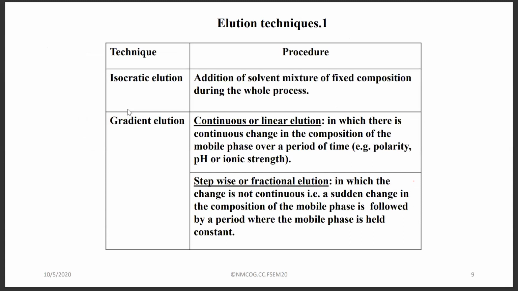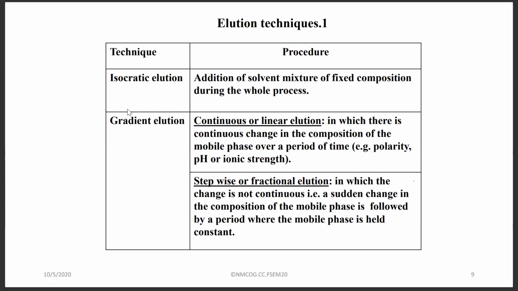So, the different methods of elution. What is elution? Elution is just the movement of the analytes until they eventually come out of the column. Either we can do it in a fixed composition, which is isocratic, or a gradient solution.